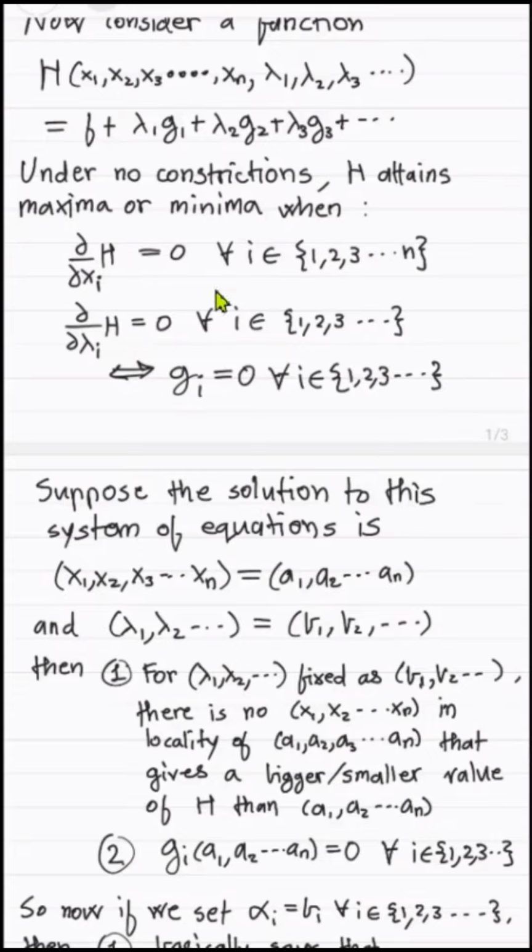And because it's following these restrictions, it has this property that no other ordered set of xi gives a bigger or smaller value, depending on what you're trying to find, than our ordered set of ai, right? So this a1, a2, a3 till an, that ordered set.